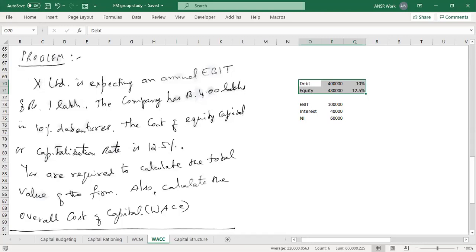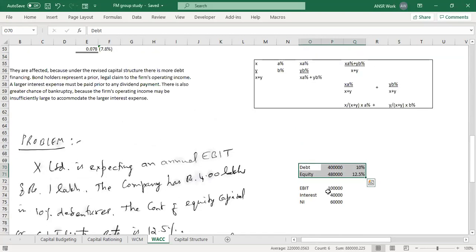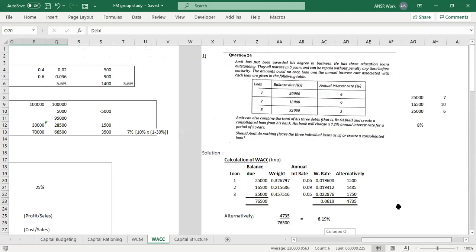Have you got it? 11.36. Yes, 11.36 is the correct answer. If you have already completed, let me post one question for you.